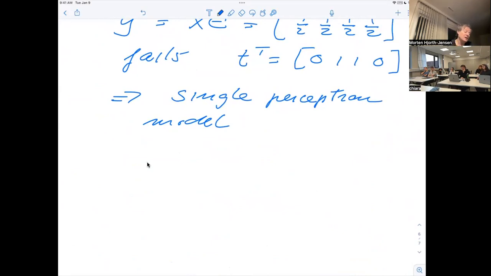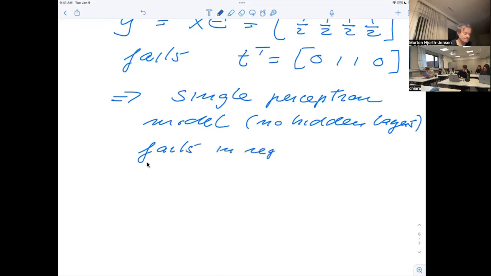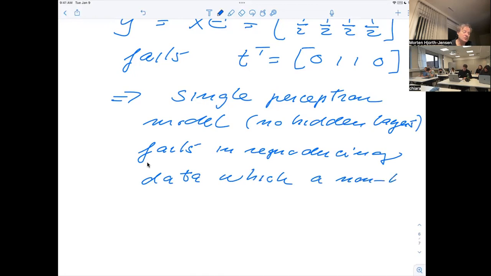We see that this simple perceptron model, which has no hidden layers, and you can actually show mathematically that having hidden layers gives you this non-linearity, fails in reproducing data which require a nonlinear approximation or description.